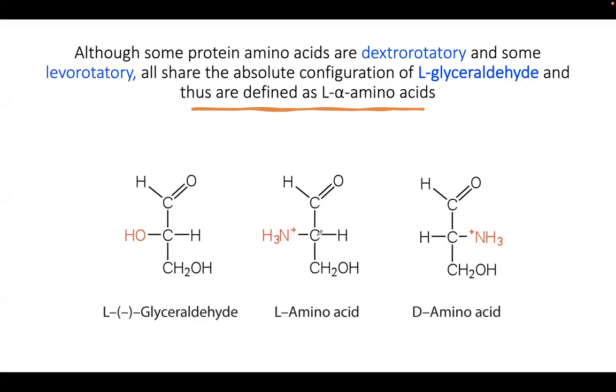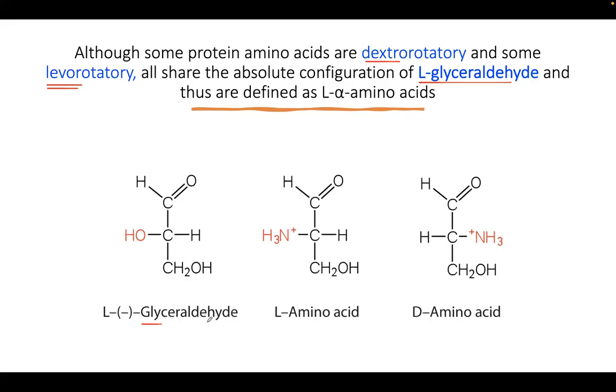Okay, now we're going to mention the terms dextrorotatory and levorotatory. This is used to describe the configuration of amino acids. Now, all amino acids basically share the same absolute configuration of the mother compound L-glyceraldehyde.